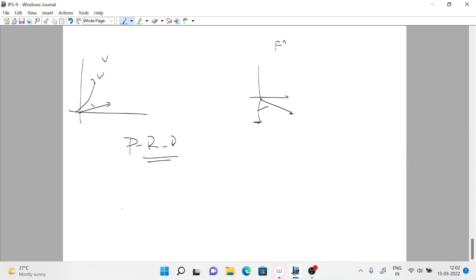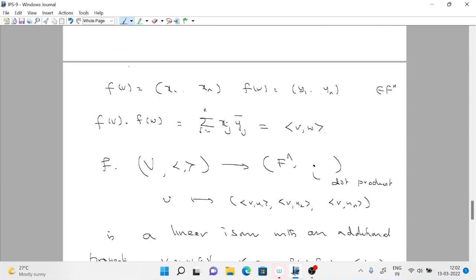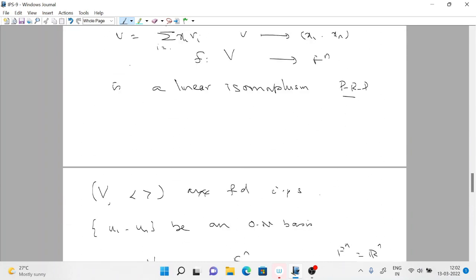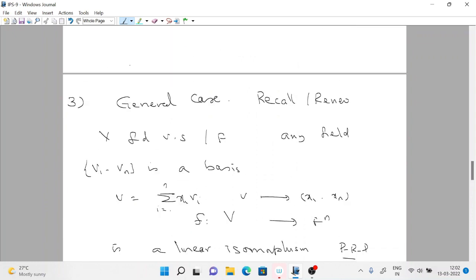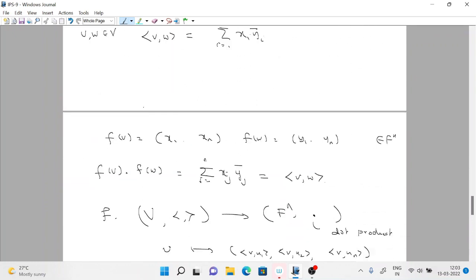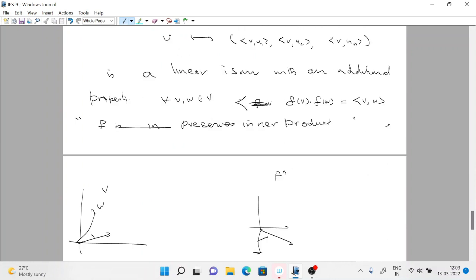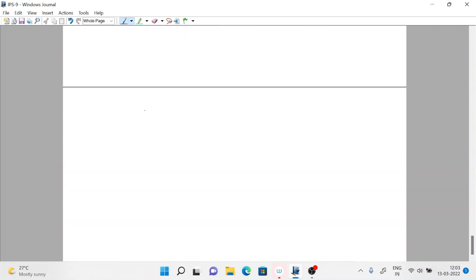Okay? Very good. The next one is the fourth, or is it fourth or fifth? I do not know, but let me just keep this. Yeah, this is the third. It's a linear isomorphism with inner product preserved. Okay, now this is the fourth one. What is the fourth one?